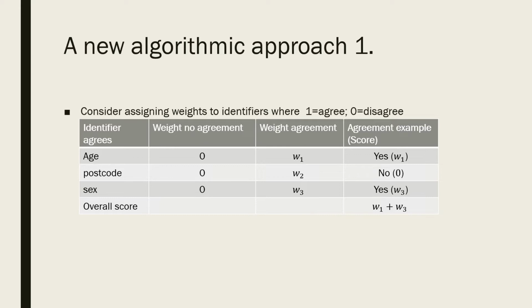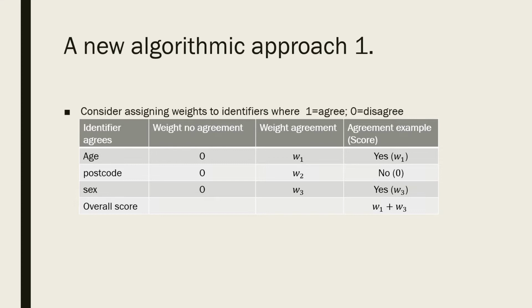You may have a degree of agreement, so that if age is to within the nearest month, you might say that's full agreement, but if it's only to within the nearest year, then that's partial agreement. It's not disagreement, it's a partial agreement because of the way in which age might occur.